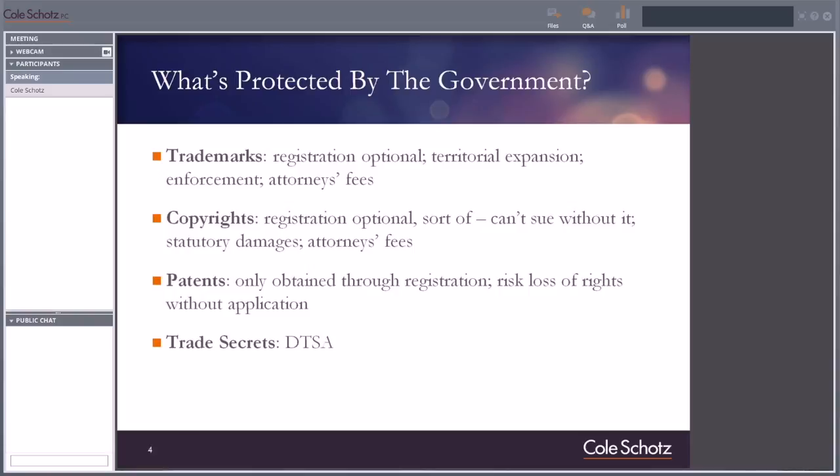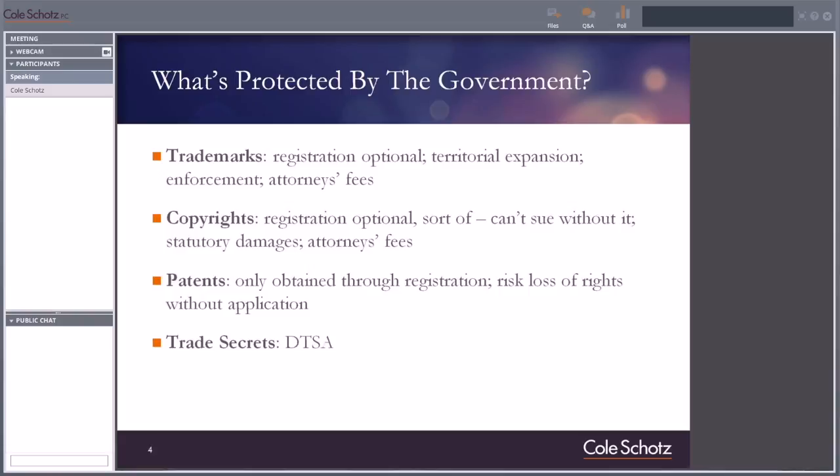With trademarks, probably the biggest benefit is something that David touched on earlier. Registration provides territorial expansion. And what that means is that you can get, through a federal registration, protection in all 50 states, even if you're only operating in 2 or 3 states. And that can be very important for a foundling company, certainly, who's looking to expand, but won't be able to get there for a while.